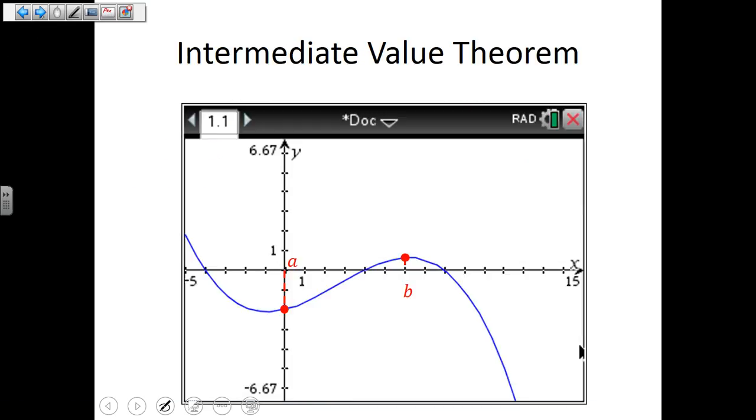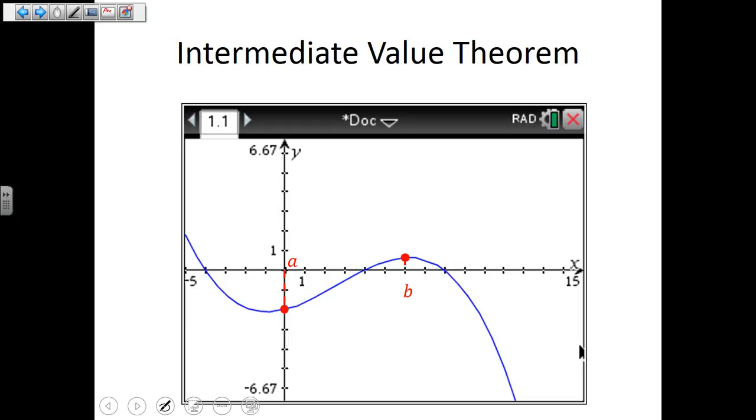So what we're talking about here: I've got some function drawn out in my graph. I've got a, which looks to be about 0, and I've got b over there at about 6, but a is less than b. This is a continuous function that I can draw from the left side of my graph to the right side without picking up my pencil.